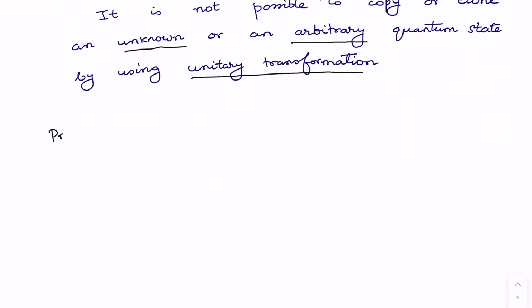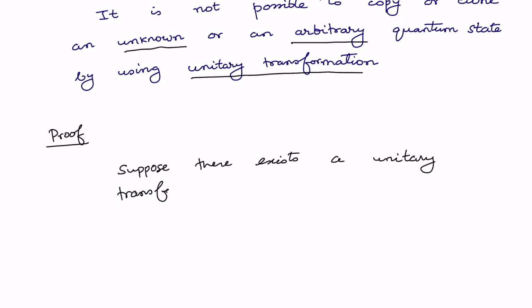To prove that, let us assume, suppose there exists a unitary transformation U, which can copy or clone a quantum state.